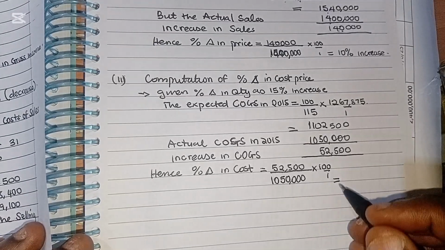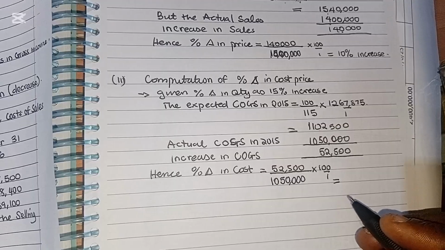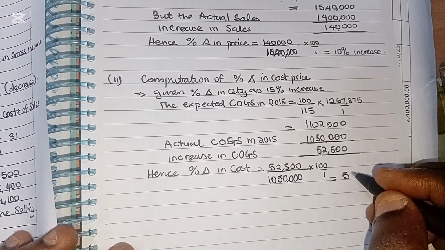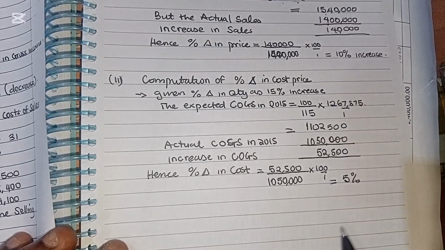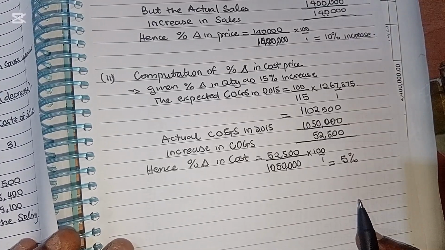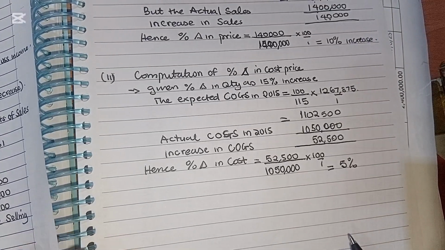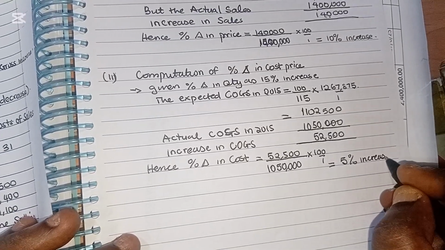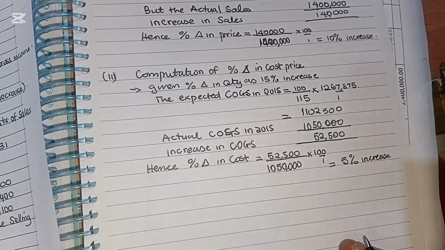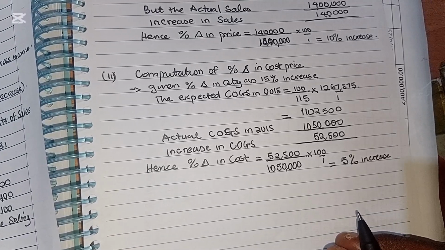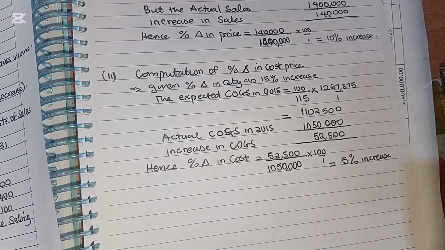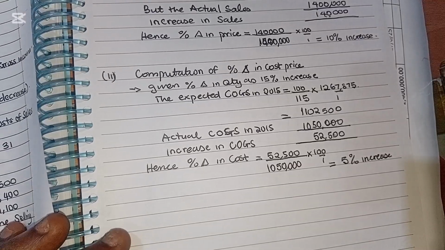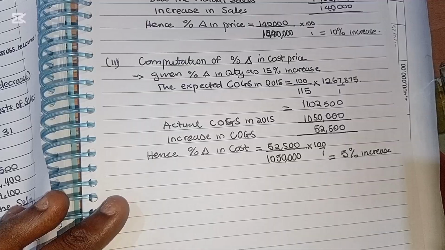And when you take your calculator, I think I'm having 5%. Okay, and that is a 5% increase in cost. 5% increase in cost. All right, 5% increase.